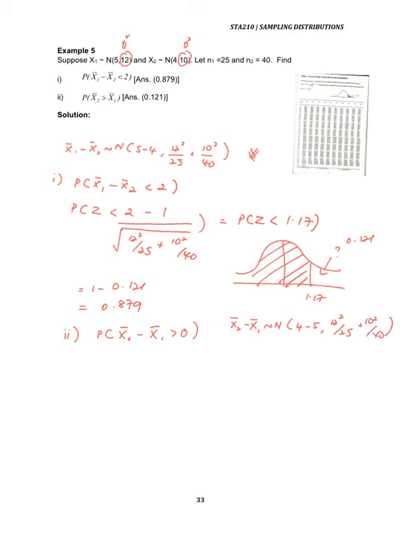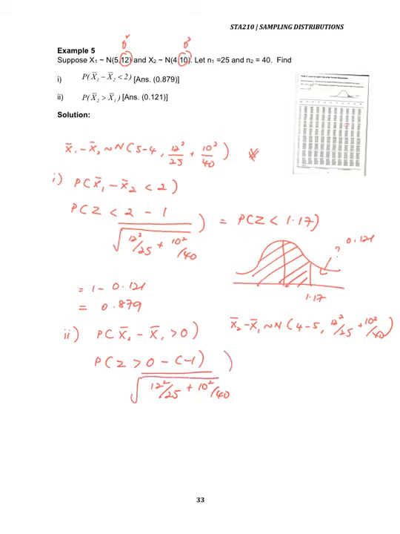Okay, so kita standardkan dia akan jadi Z greater than 0 minus negatif 1 lah, bahagi dengan square root of 12 kuasa 2 per 25 tambah 10 kuasa 2 per 40.